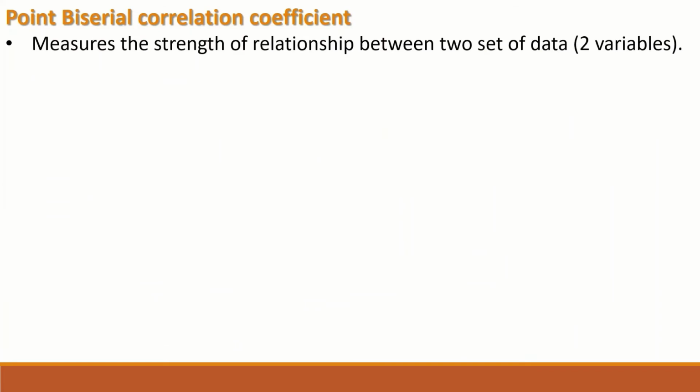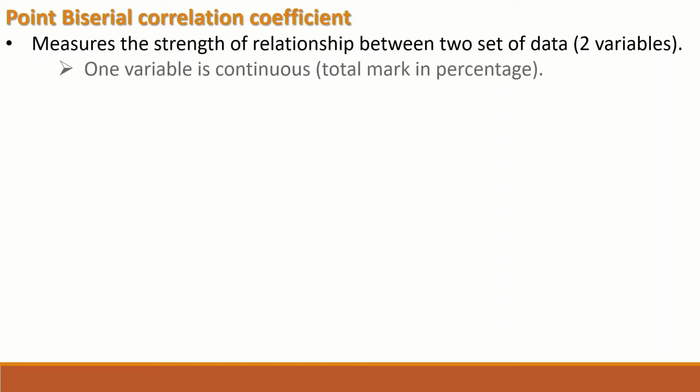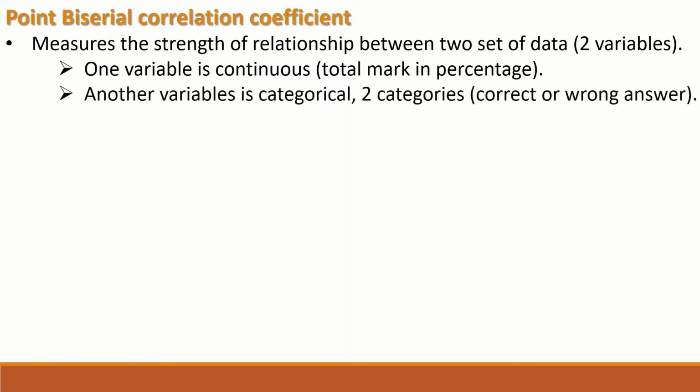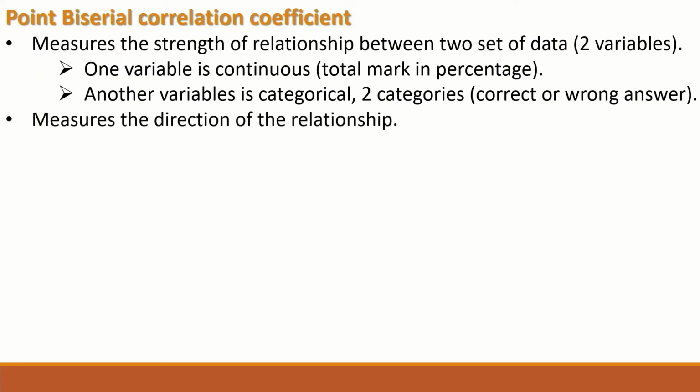It measures the strength of the relationship between two sets of data. So in this case we have two variables that we need to correlate with each other. One variable is continuous, such as the total mark, in percentage from 0 to 100, and the other variable is categorical, with two categories, correct or wrong answer.